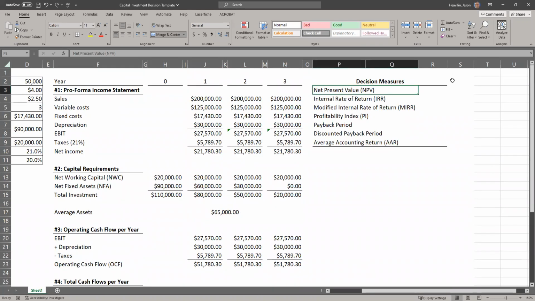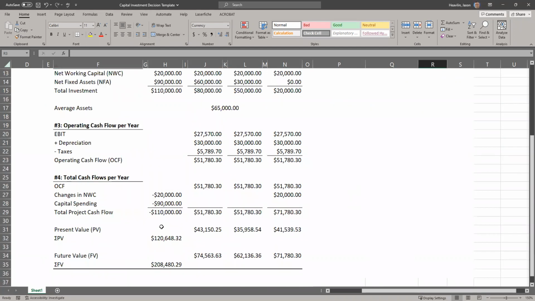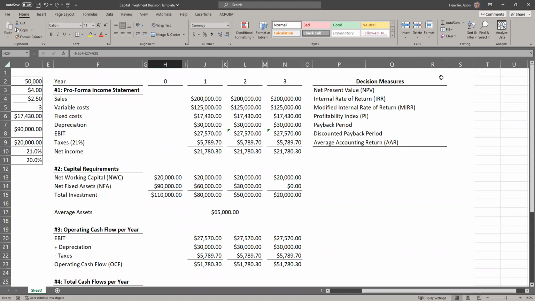So net present value, we already did the bulk of the work. We already did the bulk of the work down here. So all we have left is to offset the present value of the cash flows that we calculated previously by the initial money that went out on year 0.